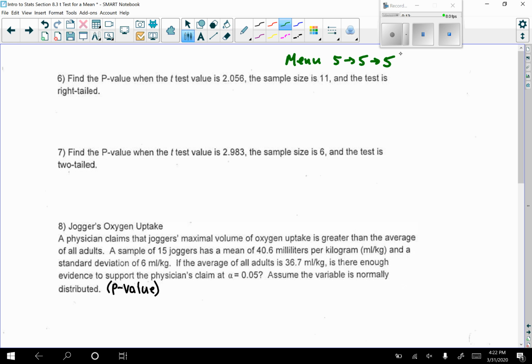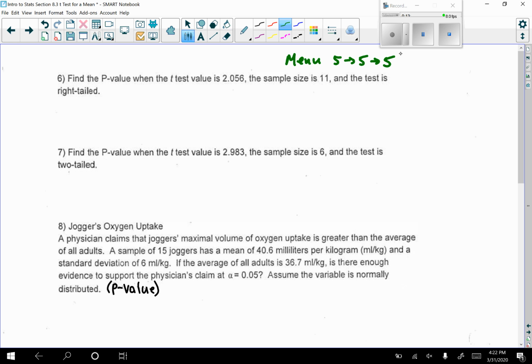So for 6, go ahead and pause this if you want to try it on your own. It's very similar to what you guys were just tested over, but again, we're using the menu 555 feature. All right, so here we want to find the p-value when the t-test value is 2.056, the sample size is 11, and then the test is right-tailed. So the type of tailed test we're looking at is going to tell us, is this 2.056 our upper boundary or our lower boundary.